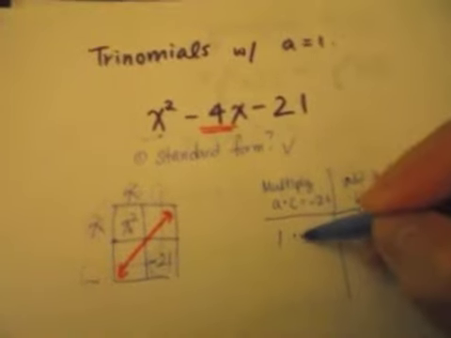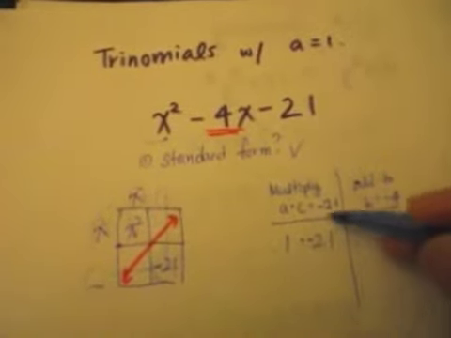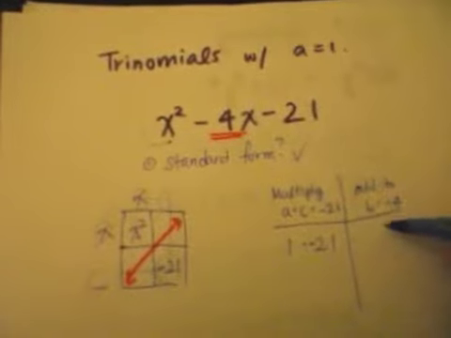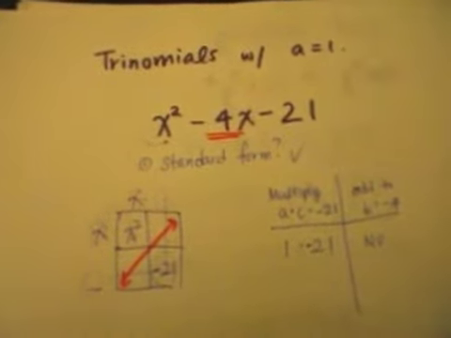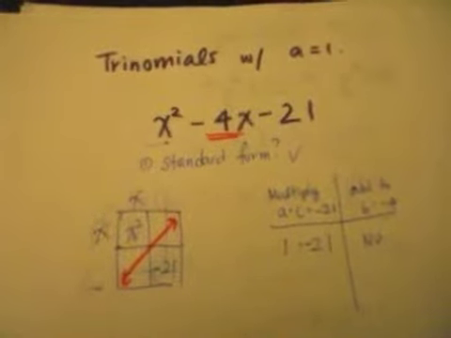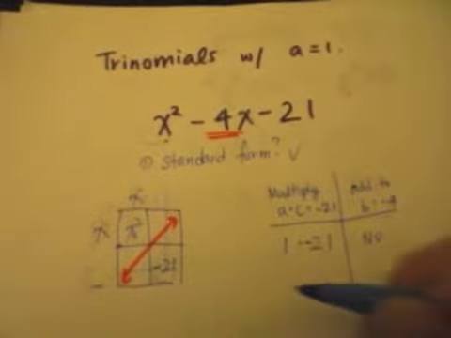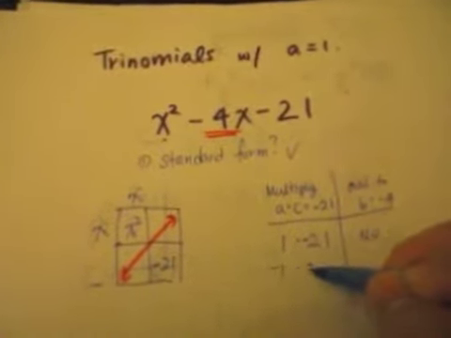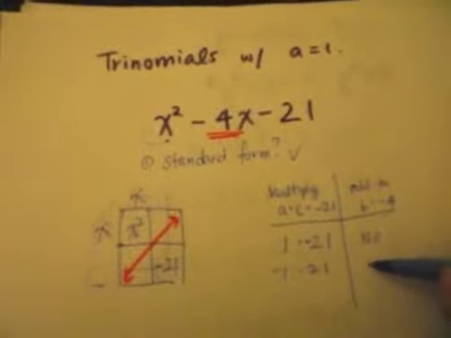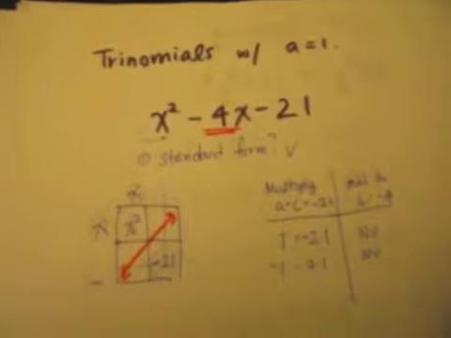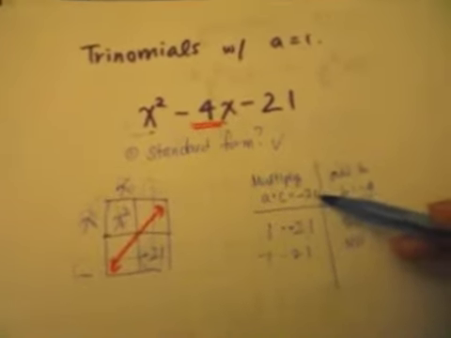So negative 21 times 1 will give you negative 21, but does it add to negative 4? No, it doesn't. So you might want to look for some other combination. Negative 1 and 21 doesn't work either. Negative 1 plus 21 gives you 20. So what else multiplies to 21?